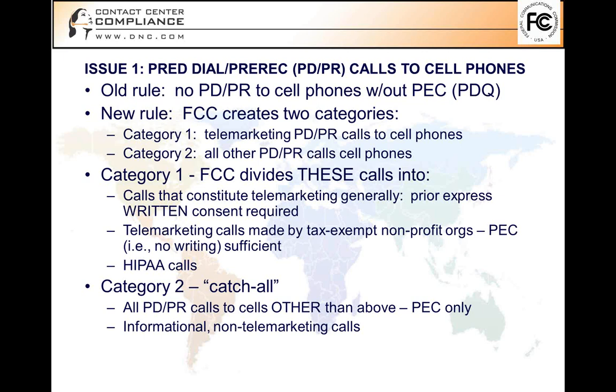If your company is just absolutely risk averse and you want to make sure that you never have to confront any issues related to this, and you're doing preview dialing, throw all those preview dialing calls into the category of a predictive dialer. If, however, you're a little bit less risk averse, then you very well may want to consider such calls to be manual. Ryan, do you have anything to add to that?